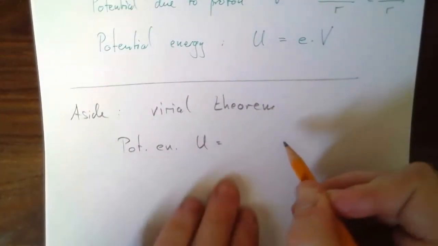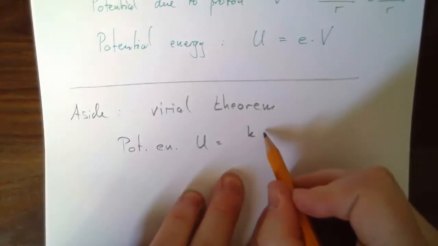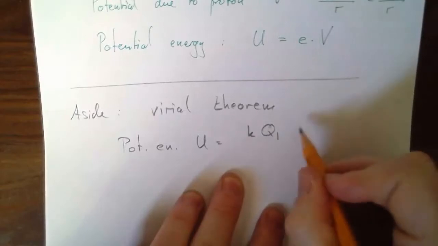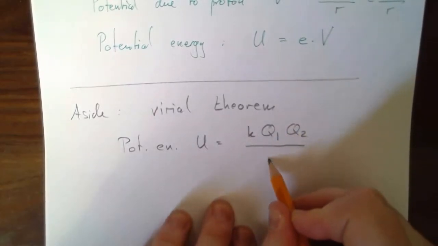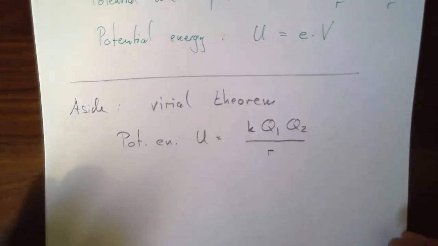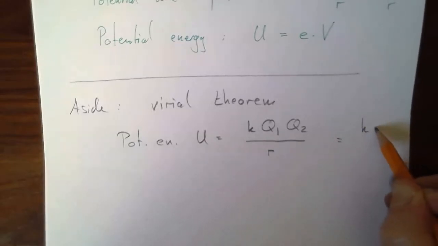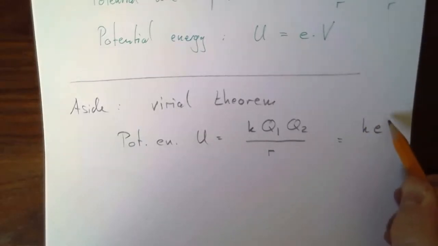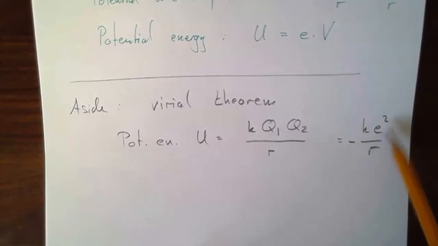U is equal to K, the first charge Q1 times the second charge Q2, divided by the distance between them. In our case, that is K times the proton charge times the electron charge, which is minus E, so I'm going to put a minus in front, E times minus E divided by R. But you might as well work with the general case. It doesn't matter.